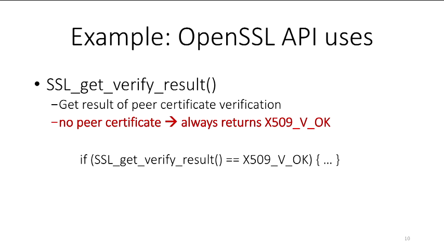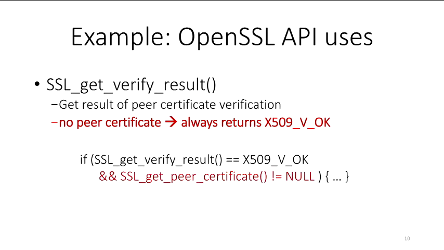If you read the documentation carefully, it says that if there is no peer certificate, it always returns OK. So the correct use is to call SSL getVerifyResult and check whether it is OK, and also call SSL getPeerCertificate and check whether it is not null. This correct use is very subtle, so it is easy to make mistakes.